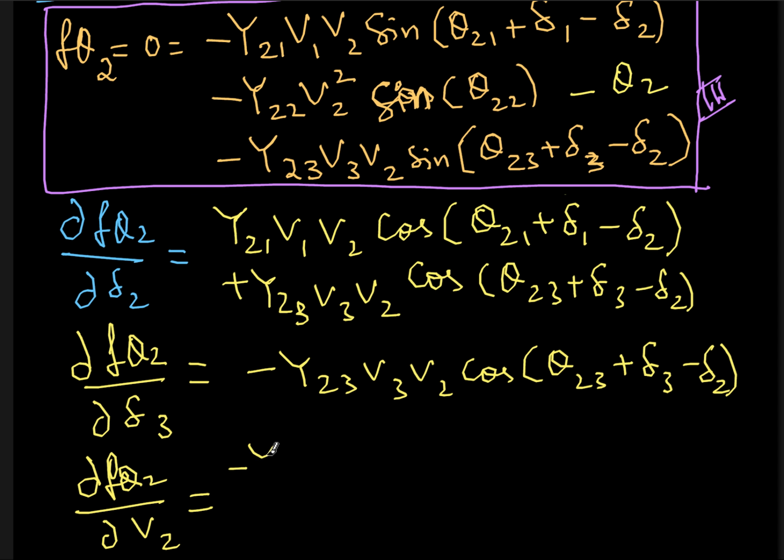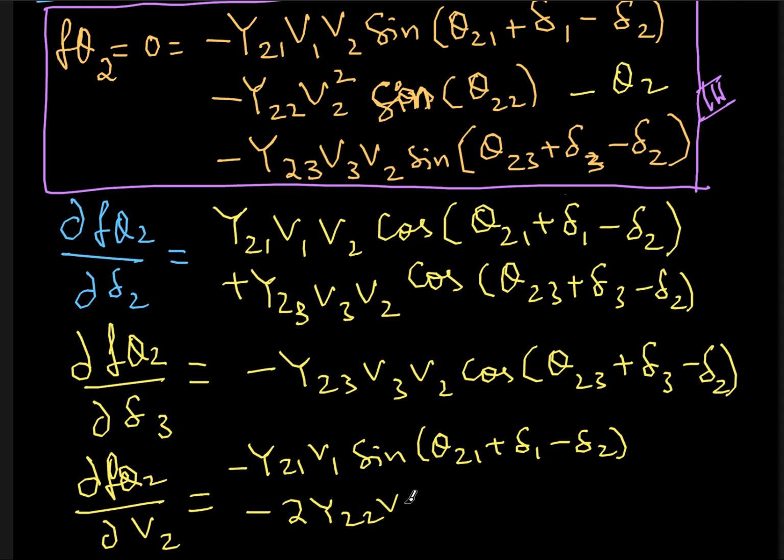So minus y21 v1 without v2 sine of theta 21 plus delta 1 minus delta 2. This is the first term in the summation. Here v2 square is there, so it will become 2v2 after differentiation. So it will become minus 2 y22 v2 sine of theta 22. So this is 1.